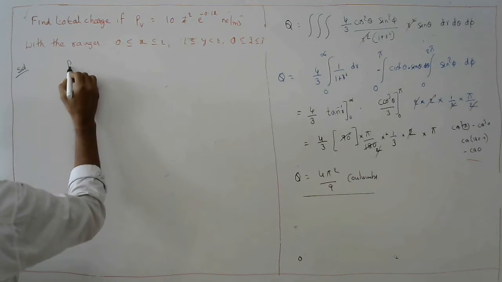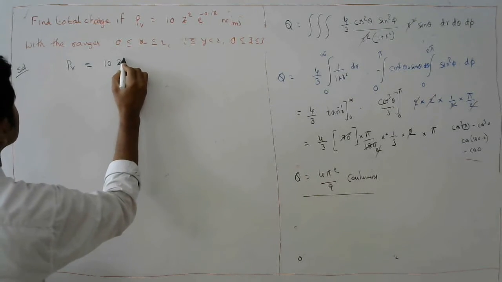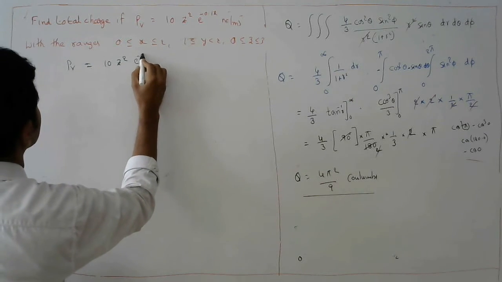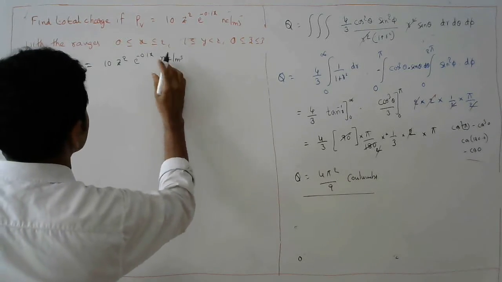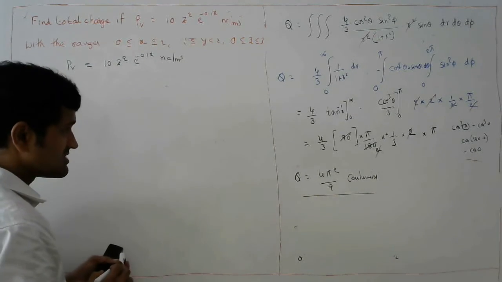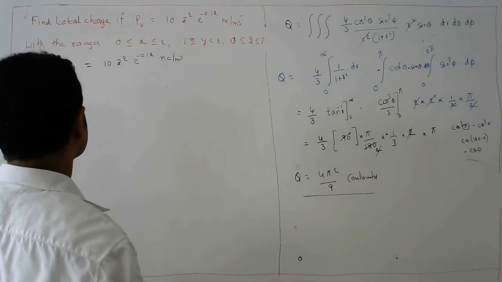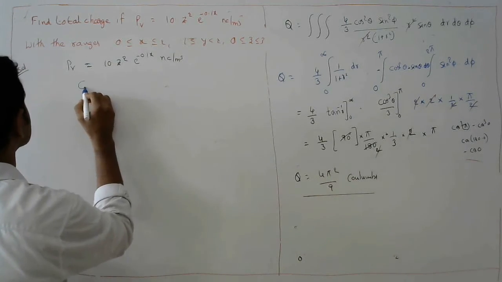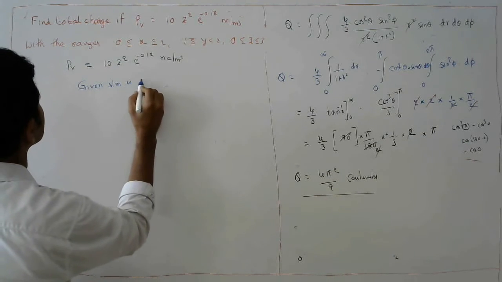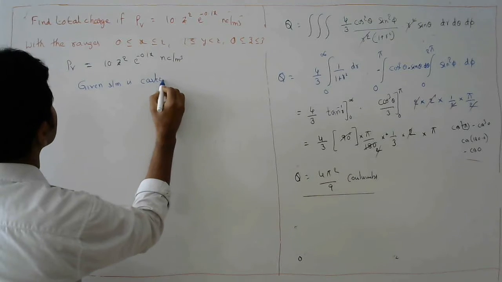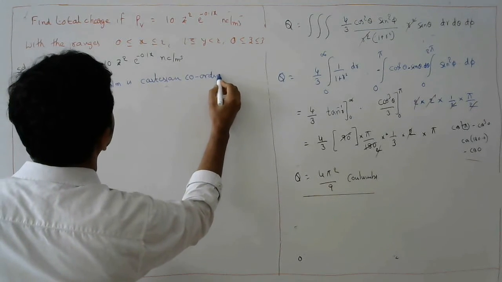Volume charge density rho v given as 10 into z square into e to the power of minus 0.1x nano coulombs per meter cubed. The ranges are given, so the given system is the Cartesian coordinate system.